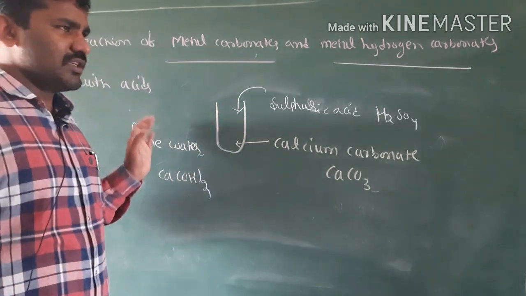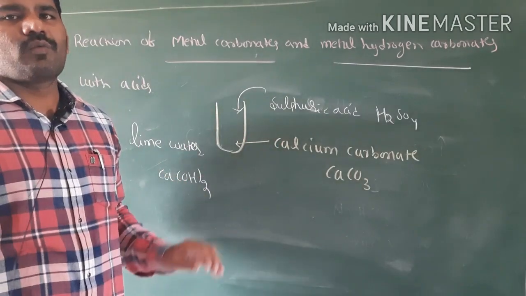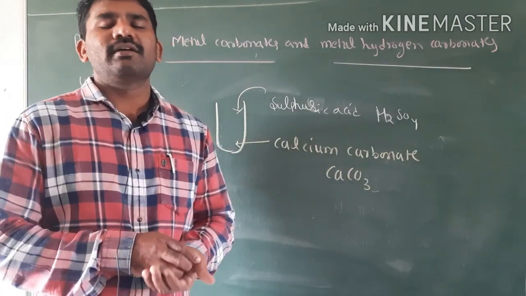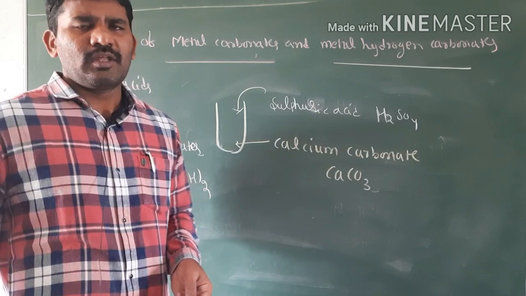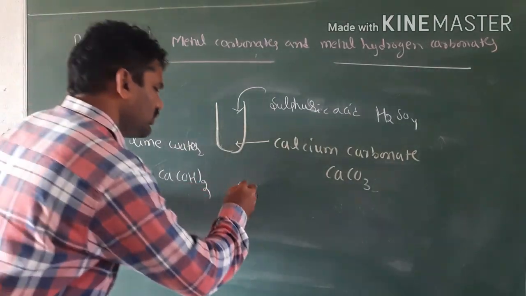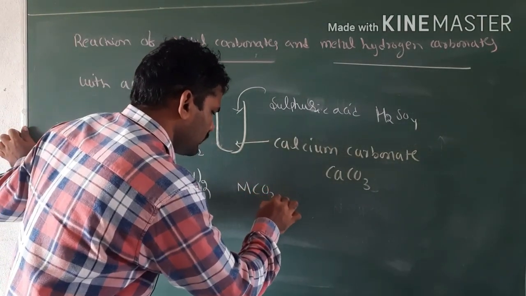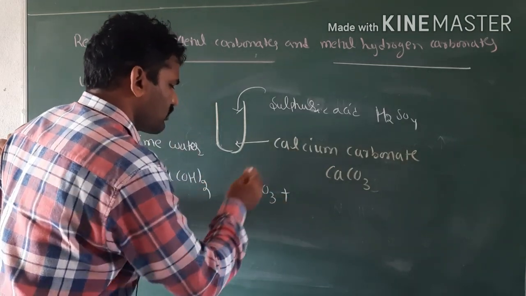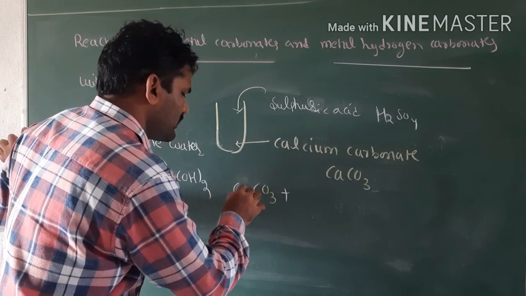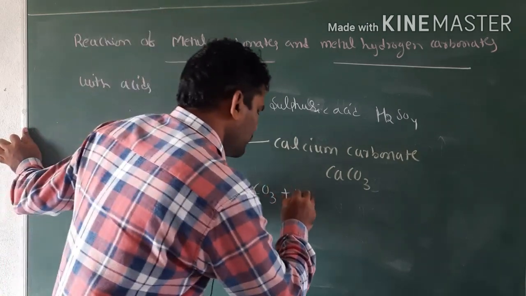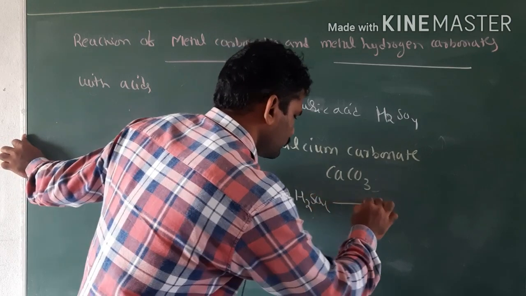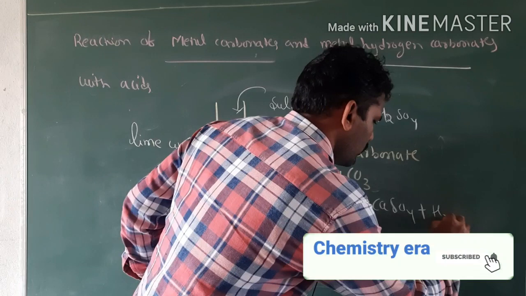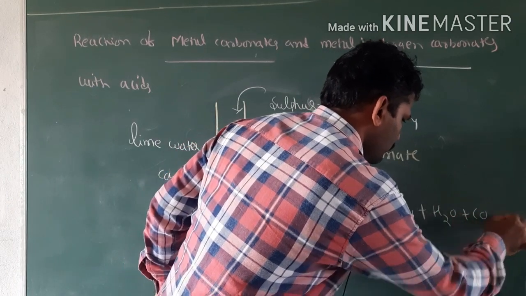So, from the above activity we can understand that when metal carbonates react with acids, they liberate carbon dioxide gas. Let us try to generalize the equation. Here we are taking calcium carbonate, CaCO3. CaCO3 plus H2SO4 gives rise to CaSO4 plus H2O plus CO2.